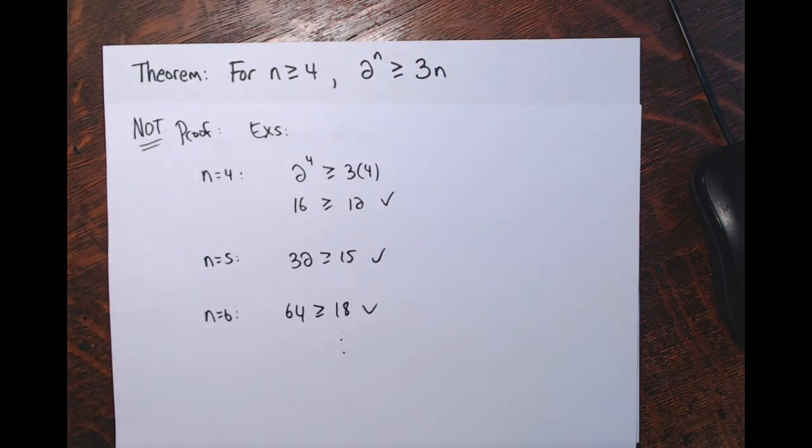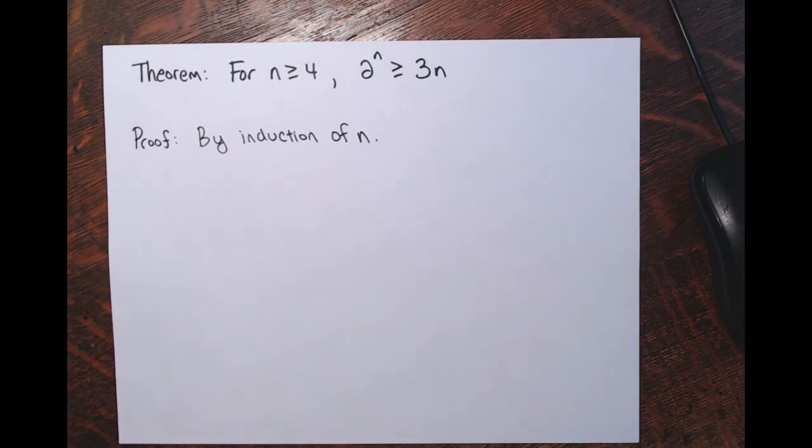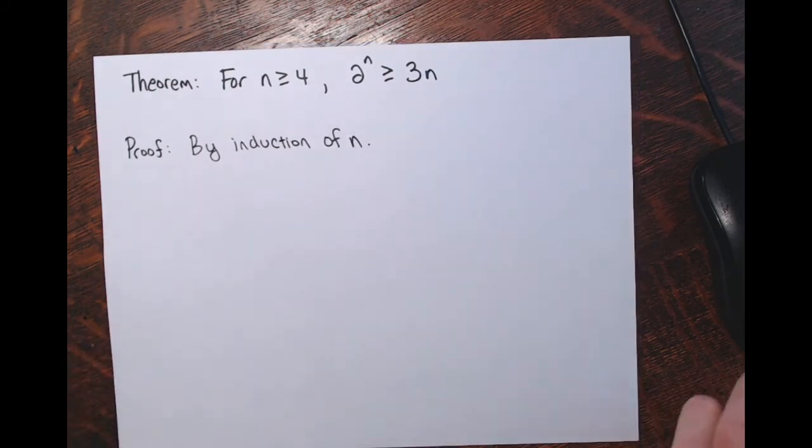So I believe that this is true for all n greater than or equal to 4. But like I said before, showing a few examples is not a proof. Just makes me believe it, that's all. So now let's get into the proof.